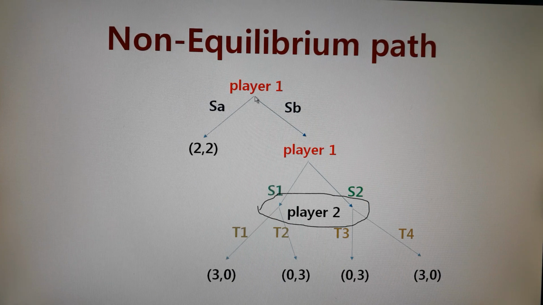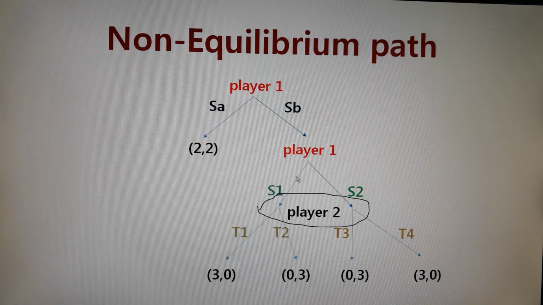If player 1 chooses SB, then player 1 and player 2 play this game. Because of the circle around player 2, player 1 chooses, but player 2 cannot see player 1's choice. So virtually it's the same as simultaneously choosing between player 1 and 2.